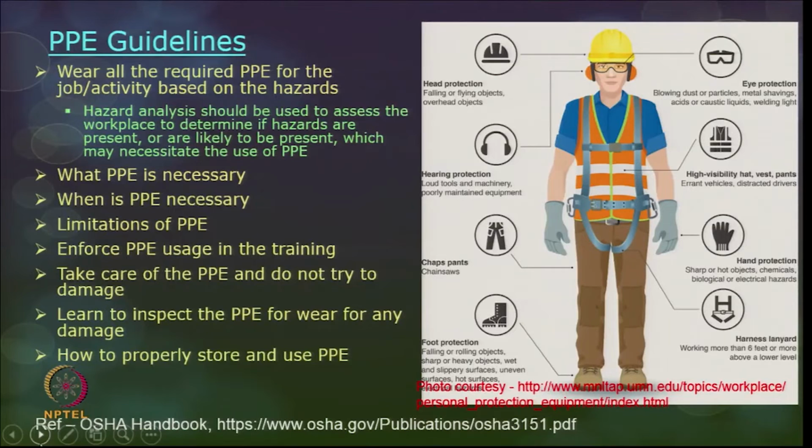But PPE can really help minimize the impact of an accident. Accidents may happen, and there is no guarantee that an accident will not happen, but even if it does, instead of an amputation of a hand or arm, you may at least get some cuts, scratches or maybe a fracture, and you will escape the severe impact.